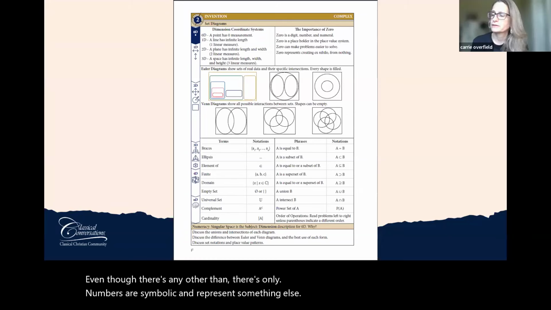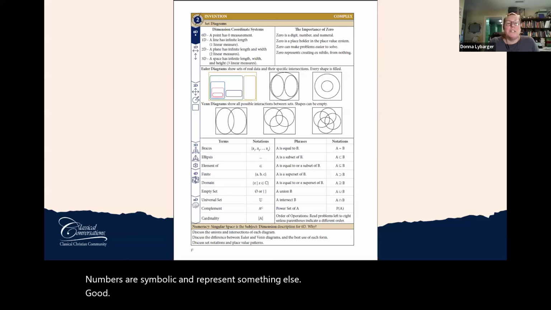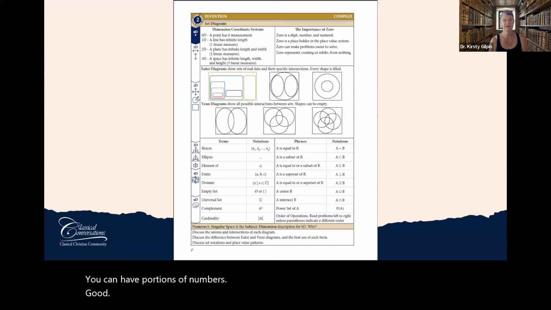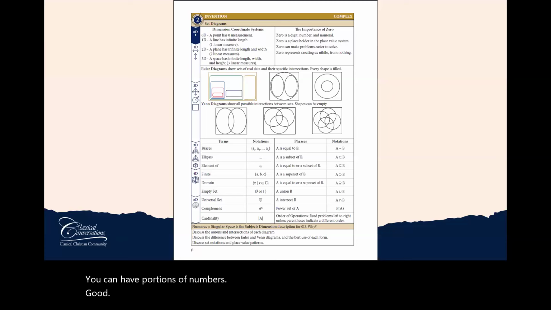Numbers are different than numerals. Good. You can have portions of numbers, fractions, and decimals, and you can write them different ways. You can write the same number multiple ways. Good. Sometimes letters represent numbers. There are different bases of numbers that are used for different purposes.